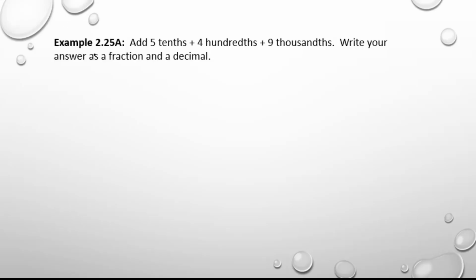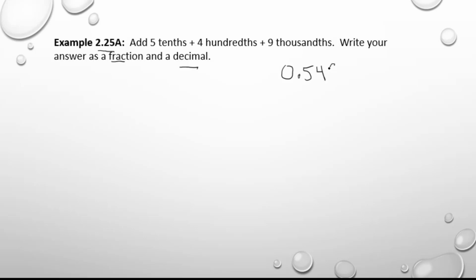So you're responsible for this one, and it is actually really simple to write it as a fraction and a decimal. I'm going to do it the long way, but if you followed from what I was doing, as a decimal, this is going to be no ones. I have 5 in the tenths place. I have 4 in the hundredths place.